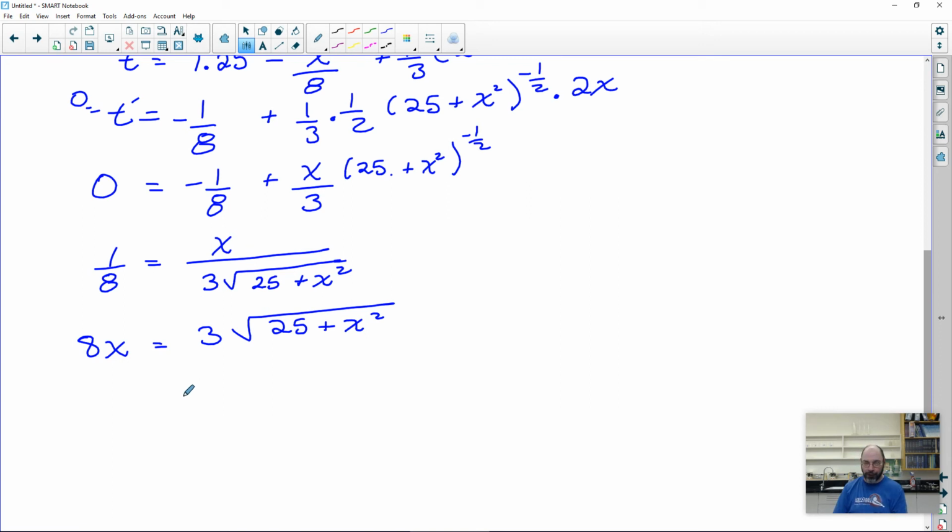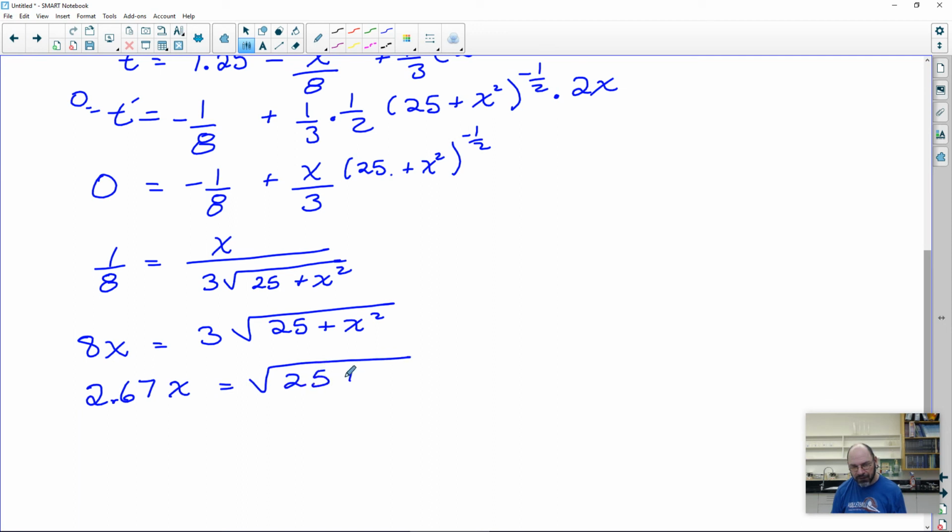All right, so now that we've got that, we have to get rid of this 3 so that we can square both sides. So we've got to go 8 divided by 3, it's 2 2/3 x, so we'll just write it as 2.67x equals this stuff.